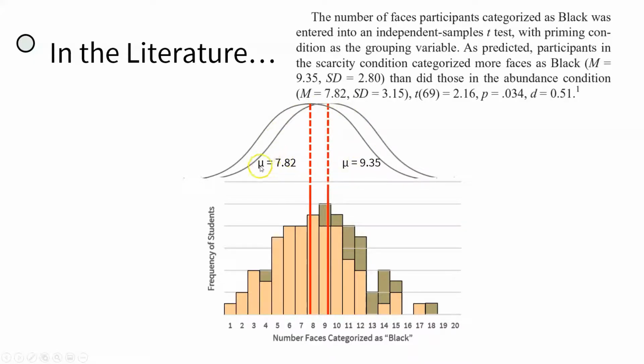One of them, the mean of which is 7.82, is an abundance condition, where individuals in the broader culture might have been exposed to themes of abundance, and if they were asked to do this, they would categorize about 8 of the faces as black.